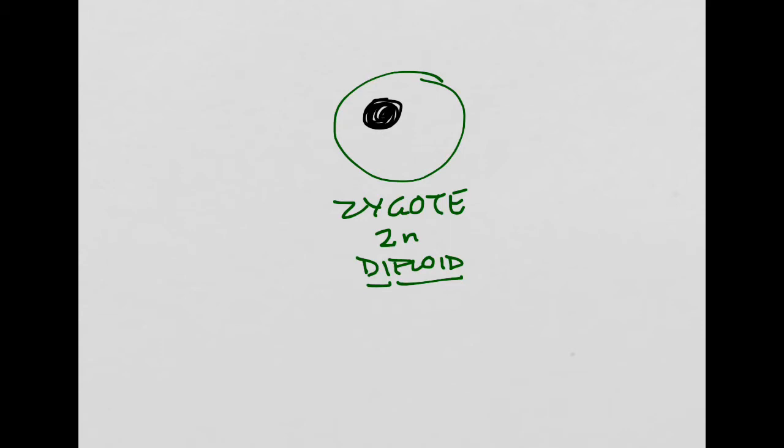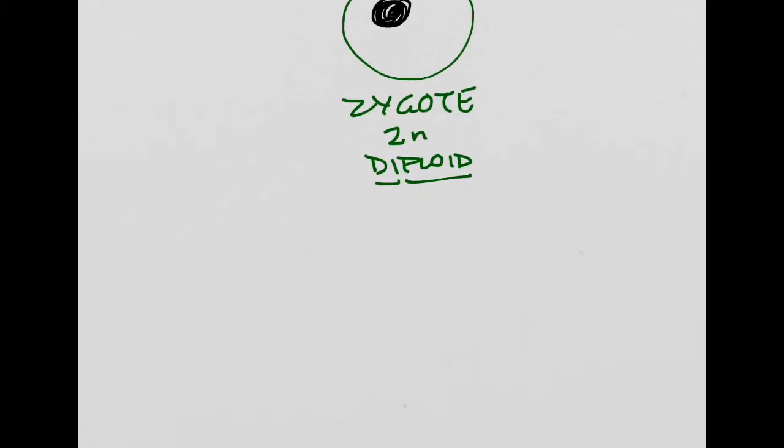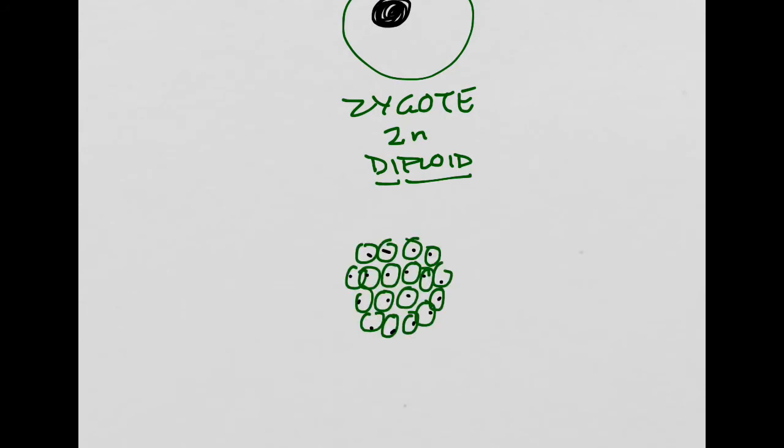And in fact, many generations after this, when the zygote divides into many smaller cells to look like this, all of these cells have not yet differentiated either. So while they are smaller in volume, they still have the exact same DNA, and the DNA hasn't been turned off in any sort of particular way.